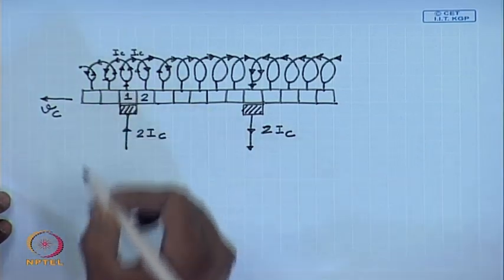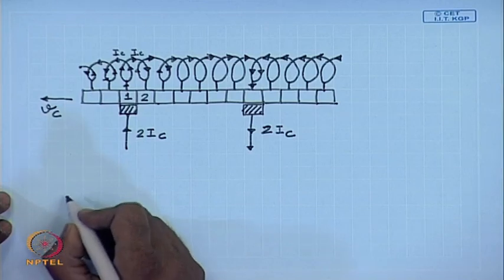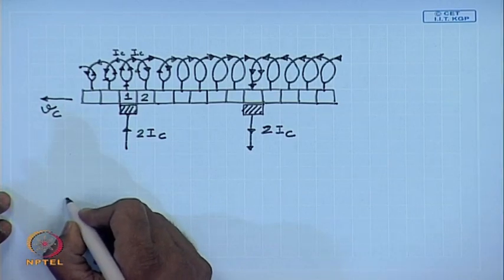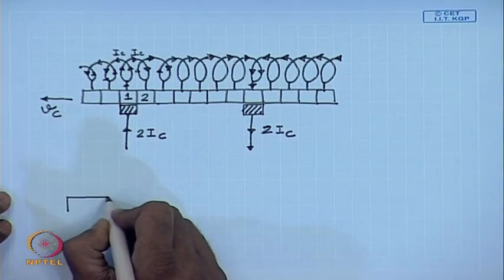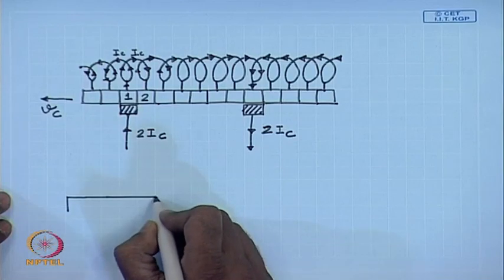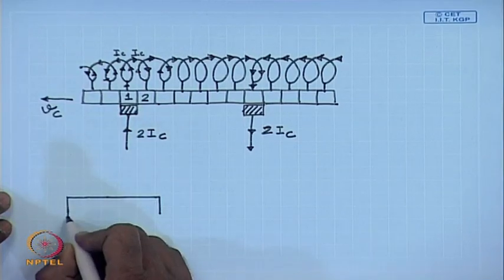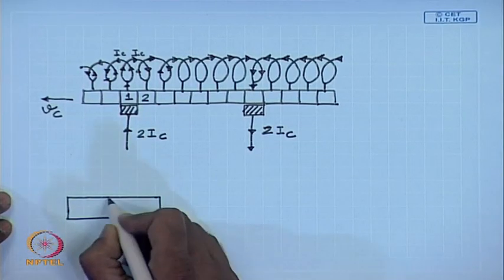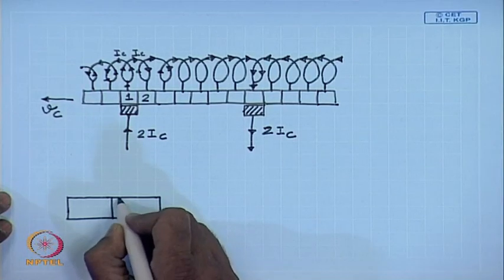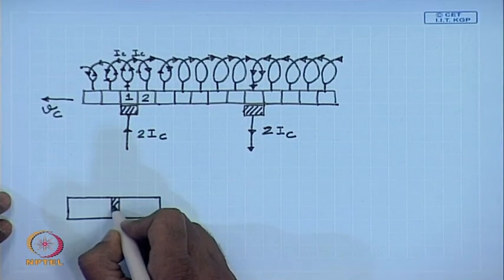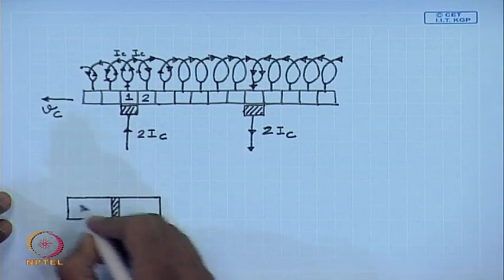So, let us magnify this position. This is commutator number 1 and 2. These are separated by an insulation.